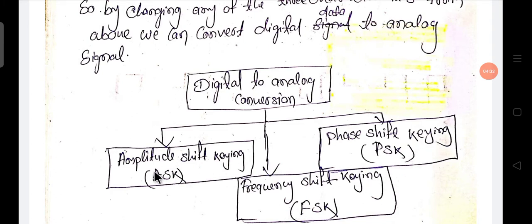As the names refer, in amplitude shift keying the amplitude is changed, in frequency shift keying the frequency is changed, and in phase shift keying the phase of the carrier or analog signal is changed. The remaining ones are constant. From the three characteristics, only one is changed and the remaining two stay constant.